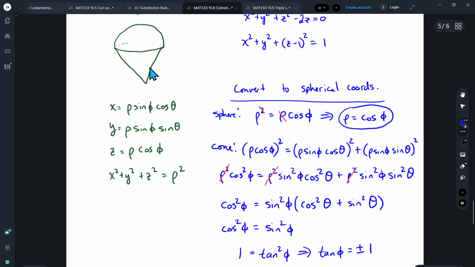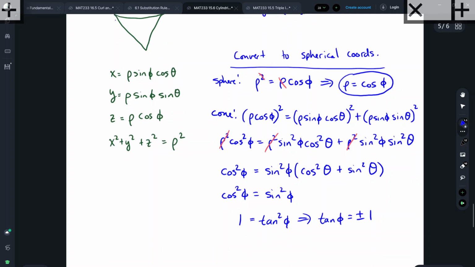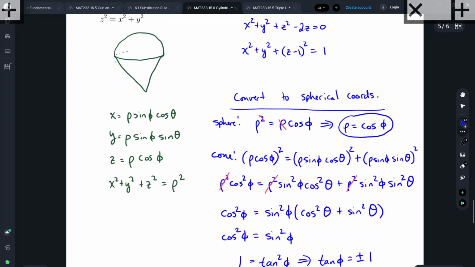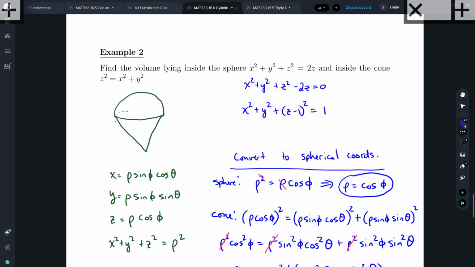But let's think about this for a second, right? Here, phi is measuring from the North Pole. Starting from here, this would be phi equals 0, and then we need to rotate in this direction up to this point here, and this is where the cone is.